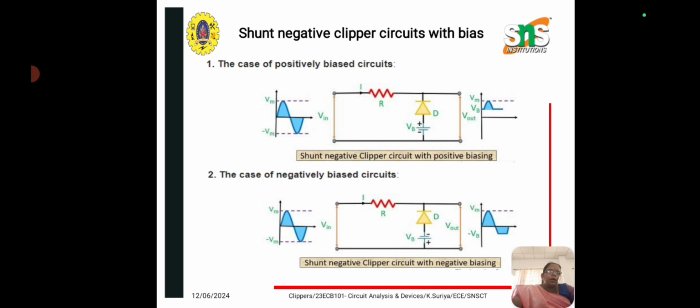During the negative half, the diode gets forward biased because of the battery and the supply voltage, hence no output signal is achieved. In the negative biased case, in the positive cycle, the diode gets reverse biased due to both the battery and supply voltage. So we have the complete positive half of the input signal at the output.